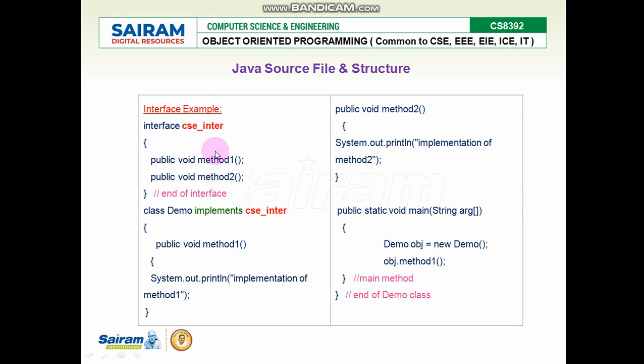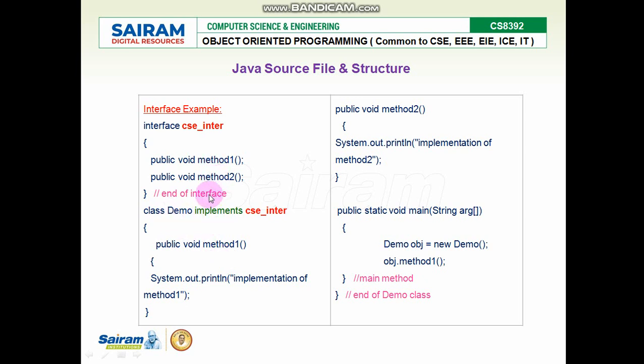To use the methods in the interface CSE_INTR, I should use the implements keyword, which means I am going to implement these abstract methods in this demo class. Which means method 1 and method 2 are to be defined in the demo class.